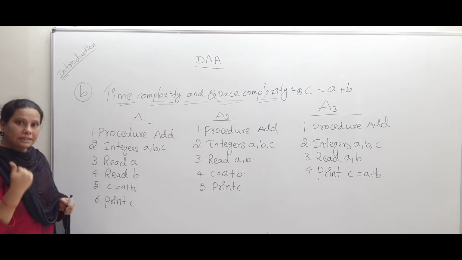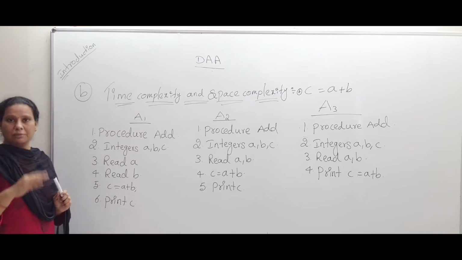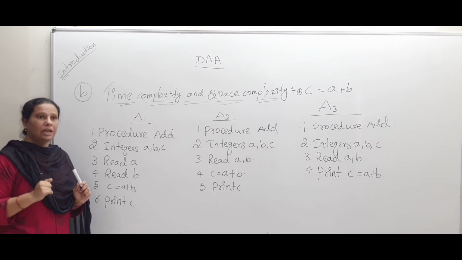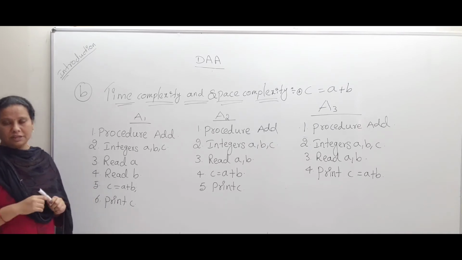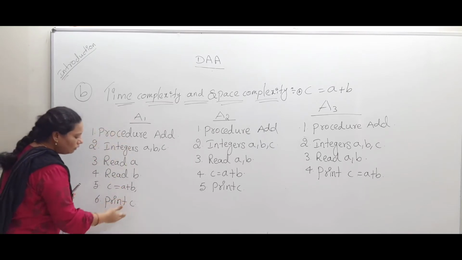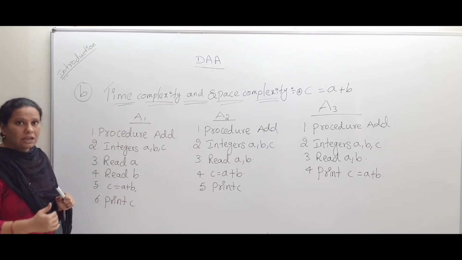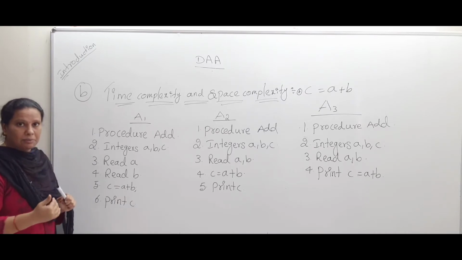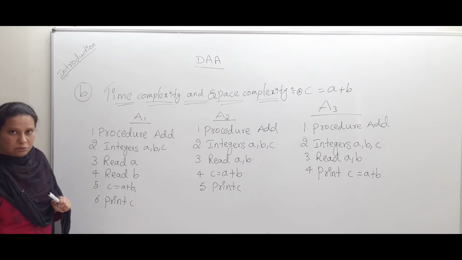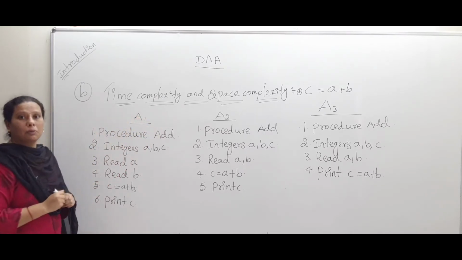That depends on the number of statements you are using, the number of inputs, the number of outputs, the number of expressions, the number of operators. Depending on all these factors, we are roughly estimating how much time the program may take to complete the execution if we convert this algorithm into a program.